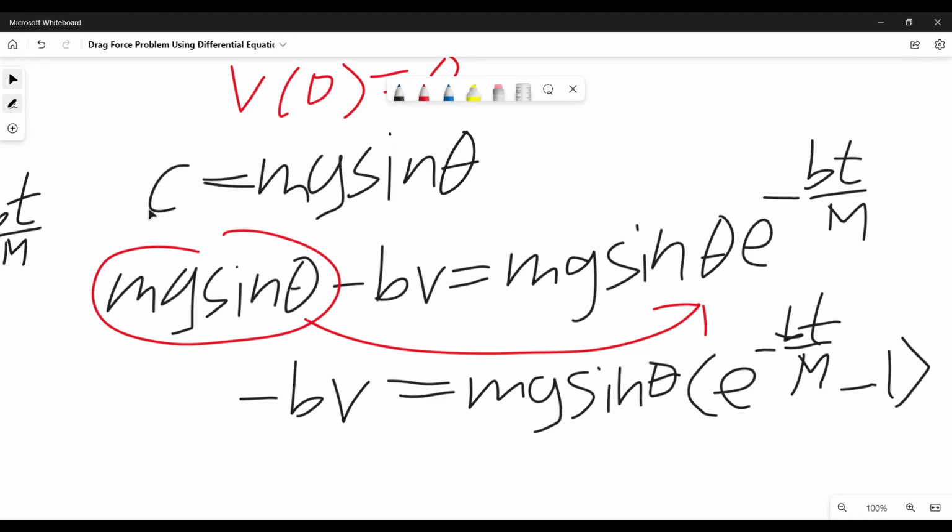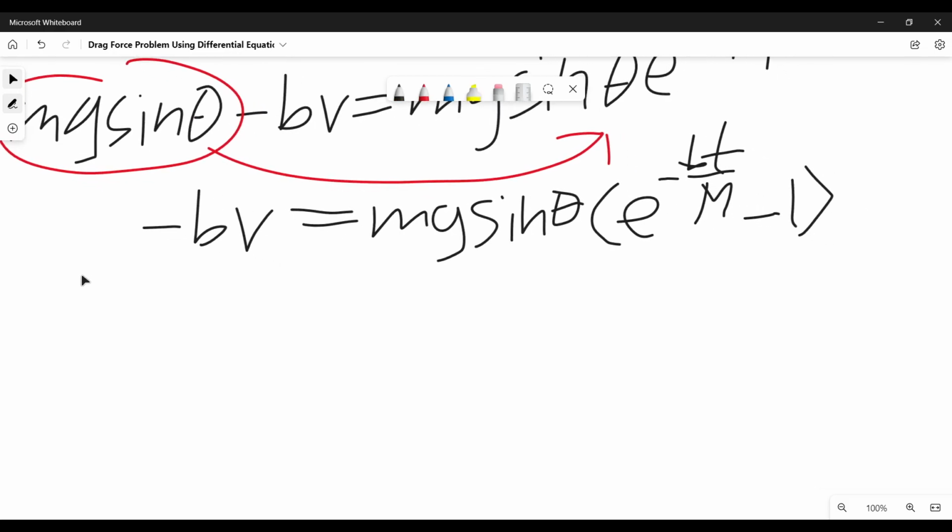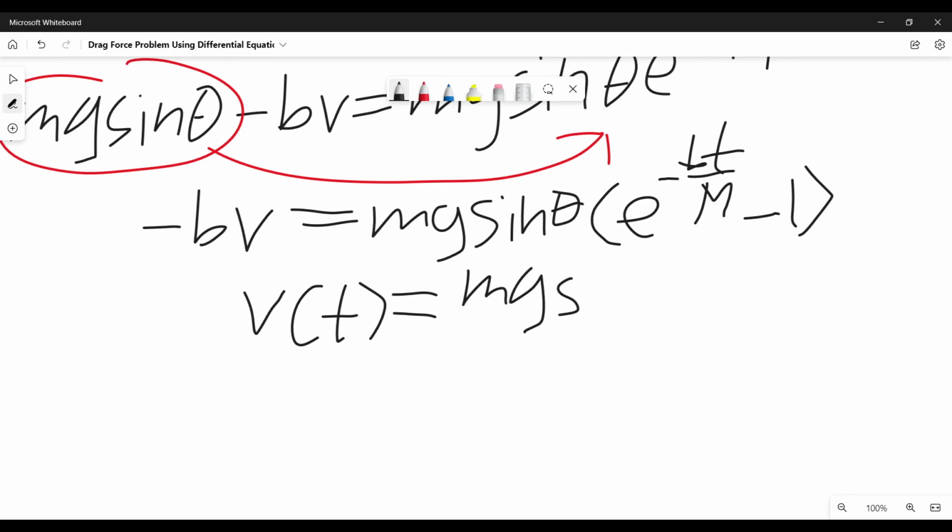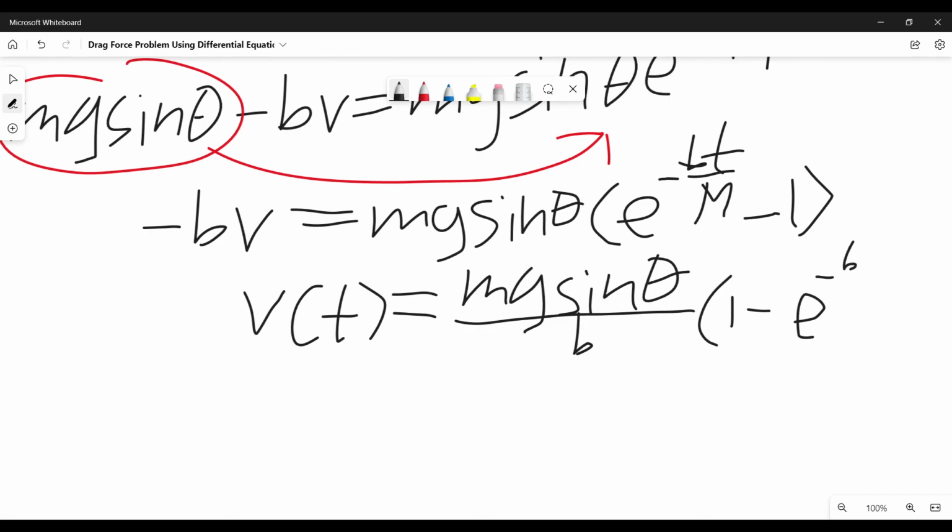All right, now we have this negative b here. When we divide it, we reverse the order of the subtraction, and then we get v of t, because that's a function of t, equals mg sine theta over b, which is all constant, times 1 minus e to the negative bt over m.